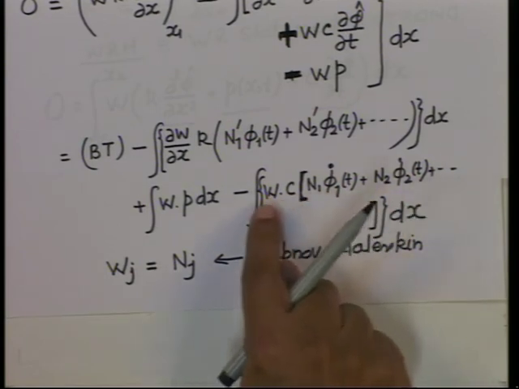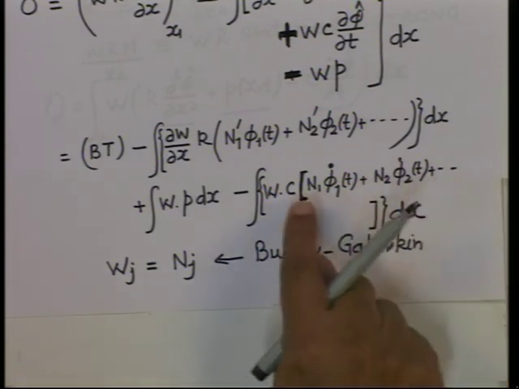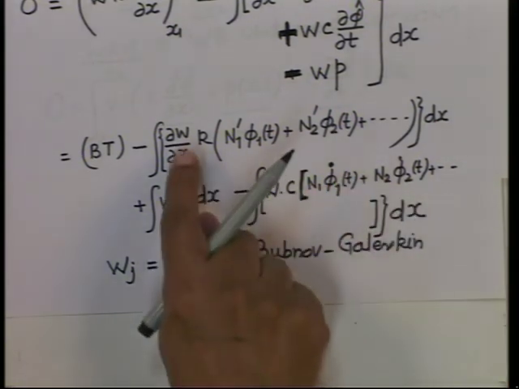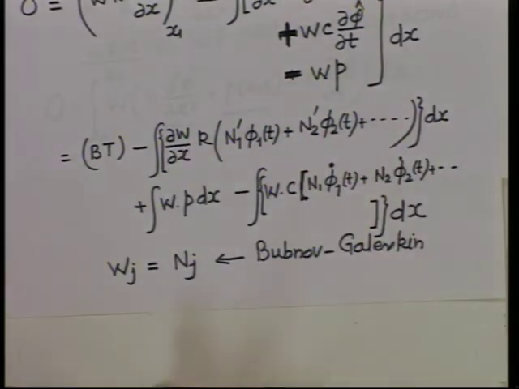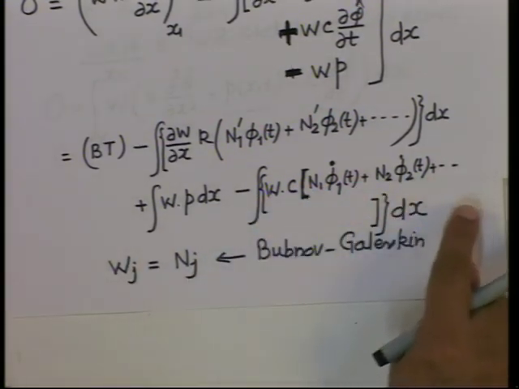So what you will get: first line, this will be N_j for any w equal to N_j, then j equal to 1. So it will be N1 N1, N1 N2 etcetera.